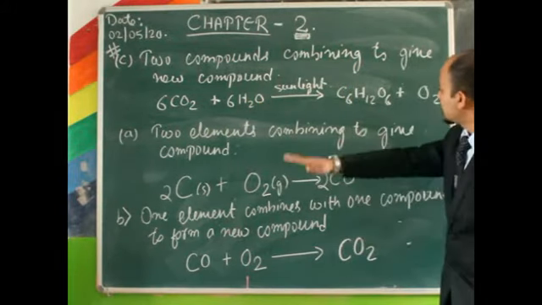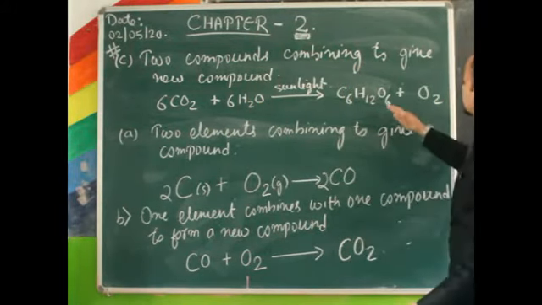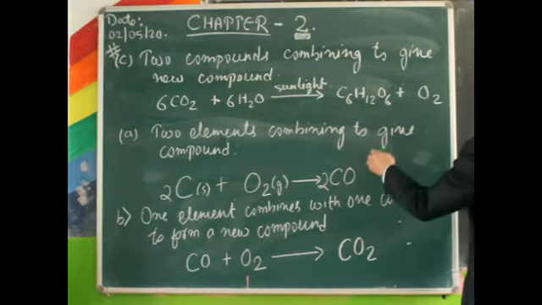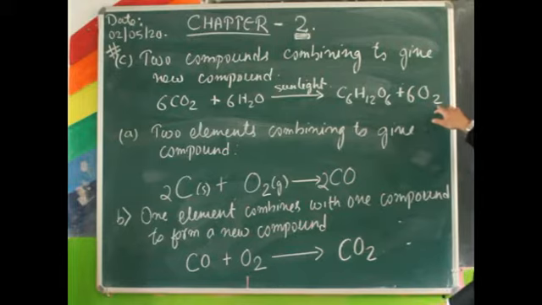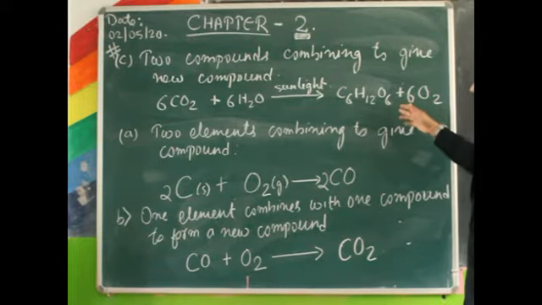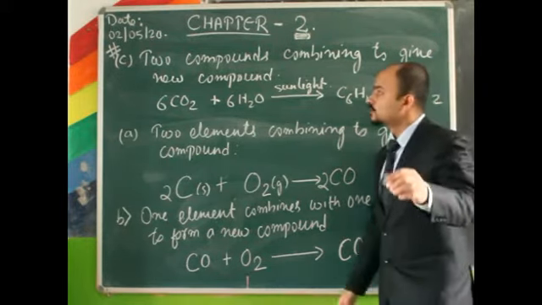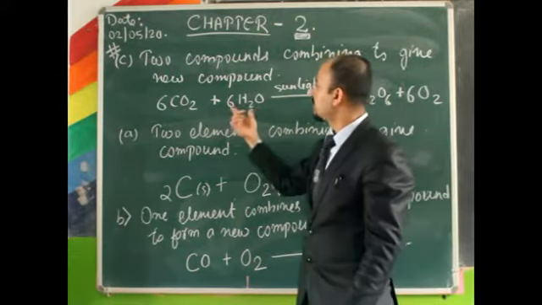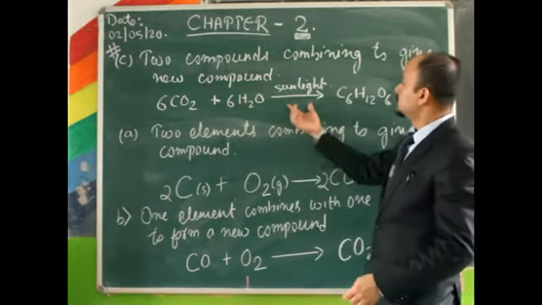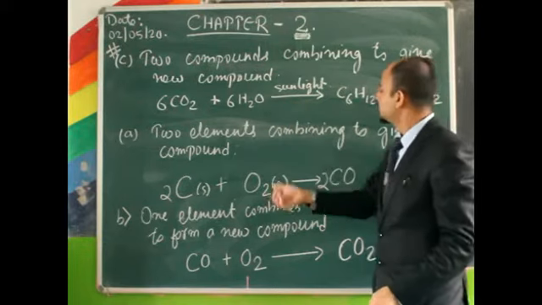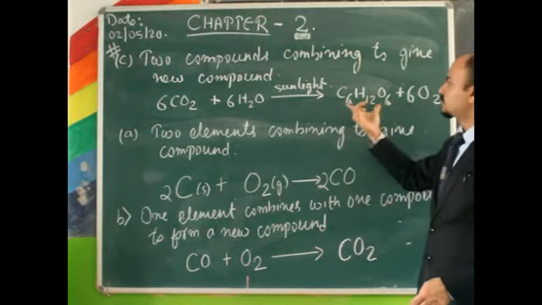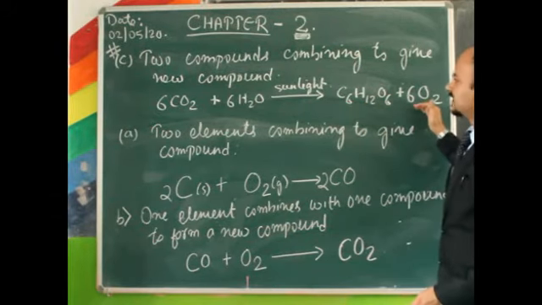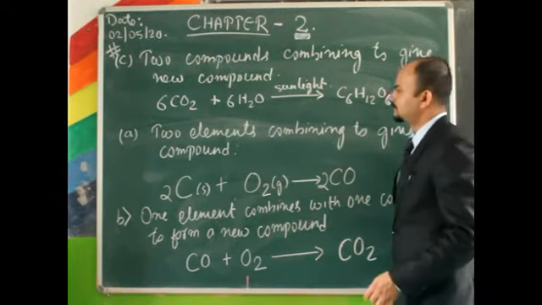So 18 oxygens are there on the left hand side. Now here we have 6 oxygen. So if I write 6 here, that means 6 into 2 is 12. 12 plus 6 is 18. Now this equation is balanced. So here two different compounds are combining in presence of sunlight to give one main product. Okay, this is one main product. This is in gaseous form.